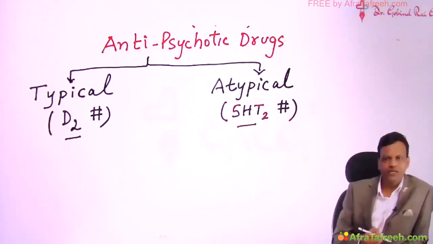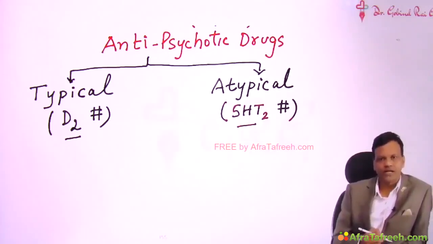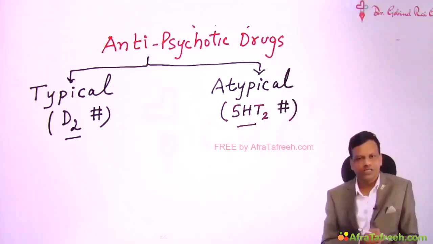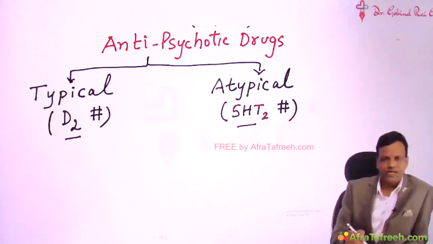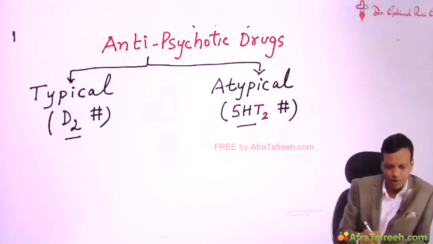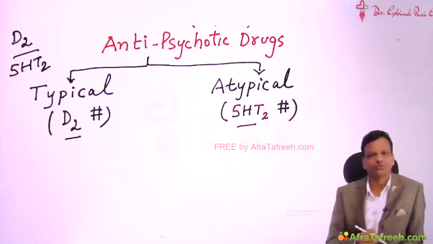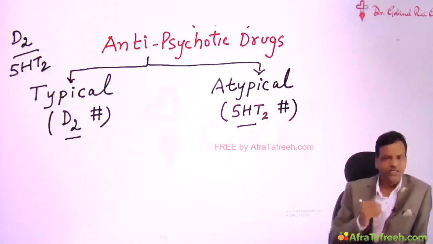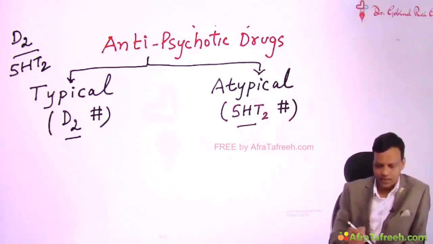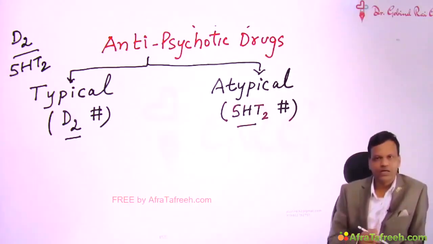Most of the drugs have both of these properties, so it depends upon the relative affinity of the drug for these receptors. That is sometimes expressed as a blocking ratio of D2 blocking divided by 5-HT2 receptor blocking. If this ratio is more than 1, the drug is called typical antipsychotic. If this ratio is less than 1, the drug is called atypical antipsychotic.